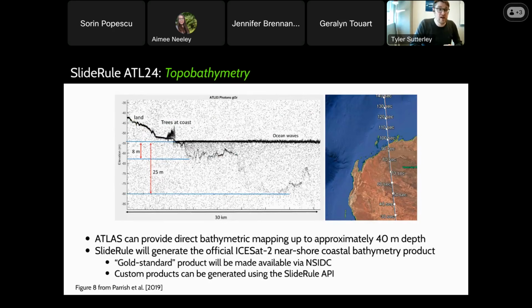So we're going to be generating the gold standard product. It's being processed right now, and will be released to NSIDC in the coming months. And we're also going to unlock the API so that you can generate custom products just like we do with the other algorithms. So you can generate bathymetry for regions of interest, coming soon, which is very, very exciting.